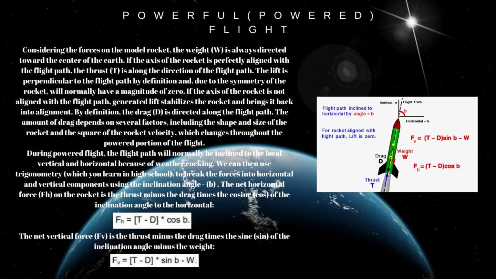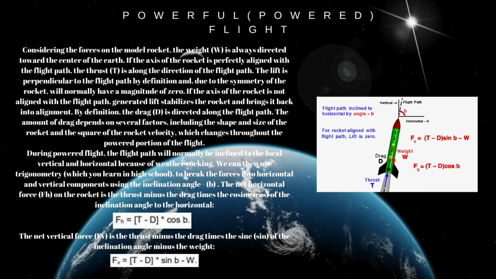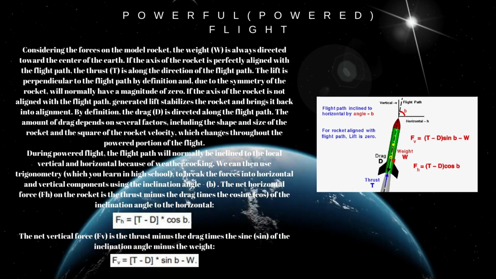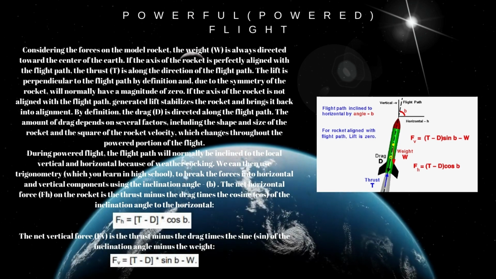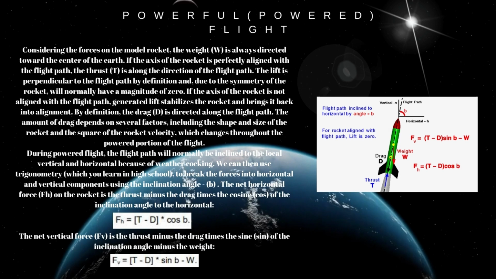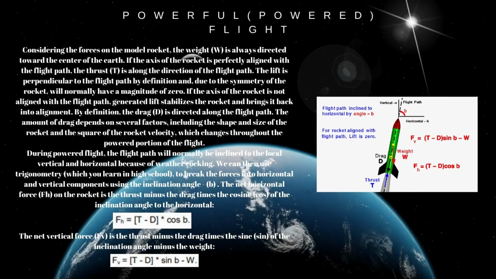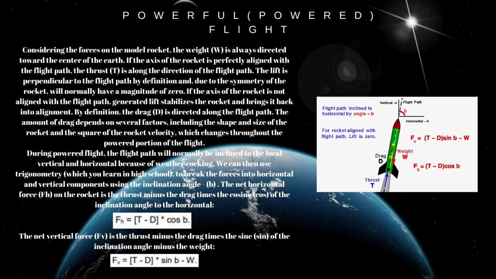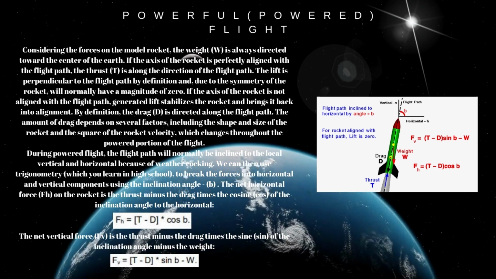The amount of drag depends on several factors, including the shape and size of the rocket, and the skew of the rocket velocity, which changes through the powered portion of the flight. During powered flight, the flight path will normally be inclined to the local vertical and horizontal.